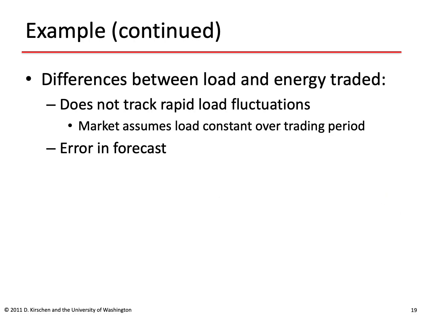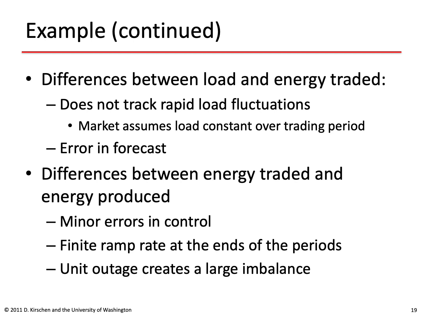Let's summarize what we have observed in this example. We have differences between load and energy traded because the energy traded does not track the rapid load fluctuation, because the market assumes the load is constant over a trading period, and also because we have errors in the forecast.